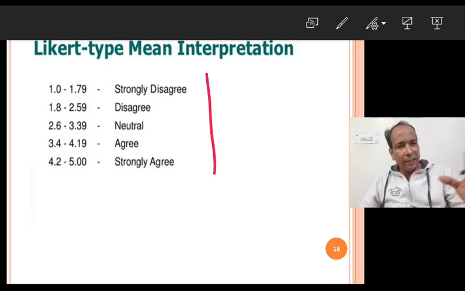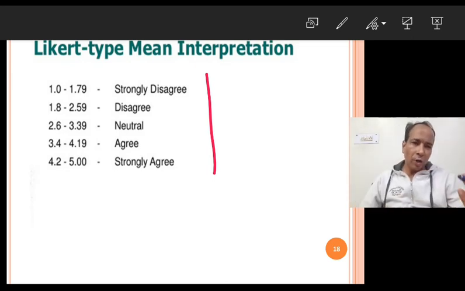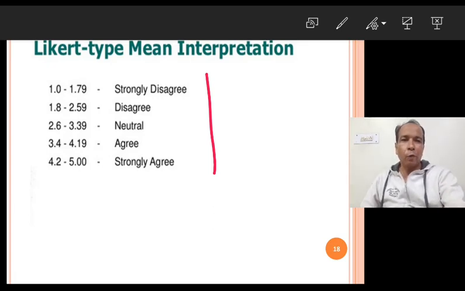These are in the same order. Now how will you find that strongly disagree gets a value towards 1 and strongly agree gets a value towards 5? So how much will be the difference between these 5 choices? How will you calculate it?